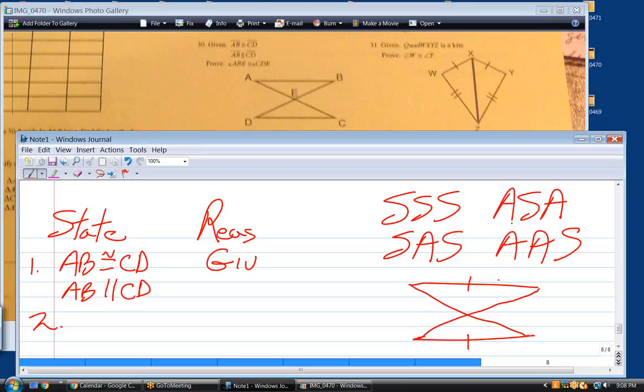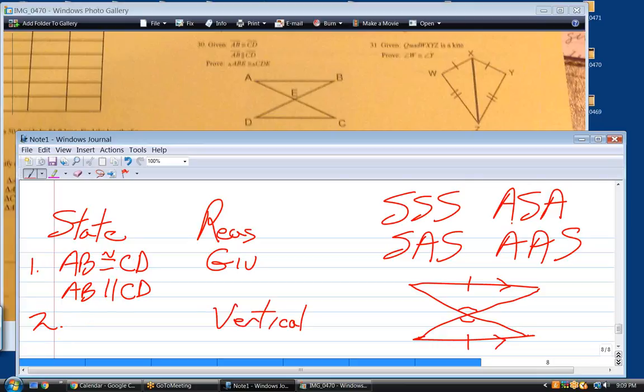And the only other thing I know at the moment is that those are parallel. So what other things can I say are equal between these 2 triangles? Could you say angle AEB is congruent to angle DEC? Yeah. So why is that? Wouldn't it be vertical angles? Vertical angle theorem.